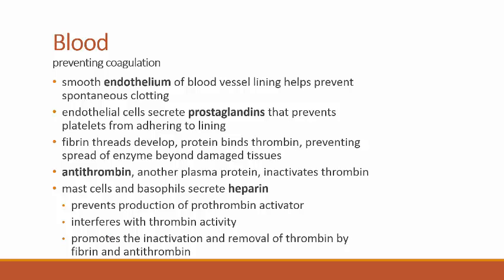And that slickness makes it difficult for clotting to begin inappropriately. The cells of the lining of the blood vessel produce a hormone-ish substance called a prostaglandin that will help to prevent the platelets from adhering to the blood vessel lining.